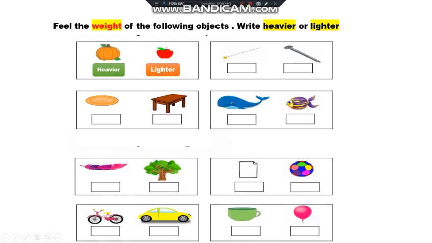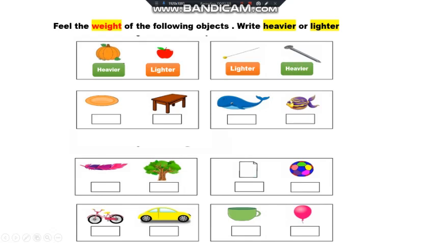See another picture: a pin and a nail. The pin is lighter and the nail is heavier.